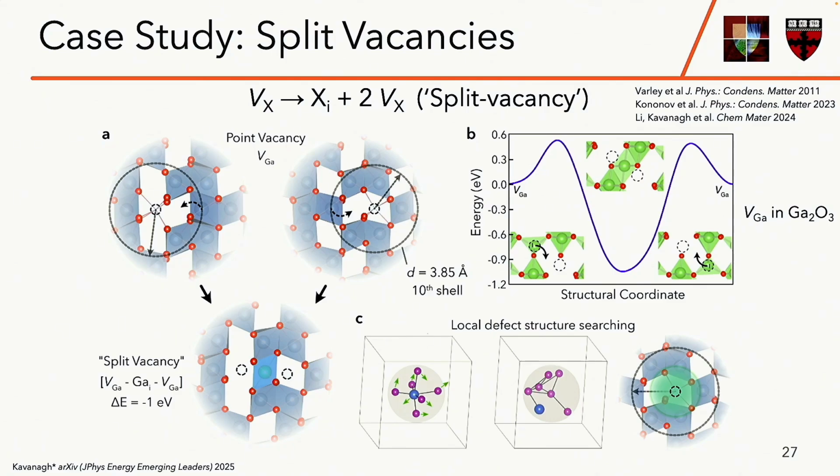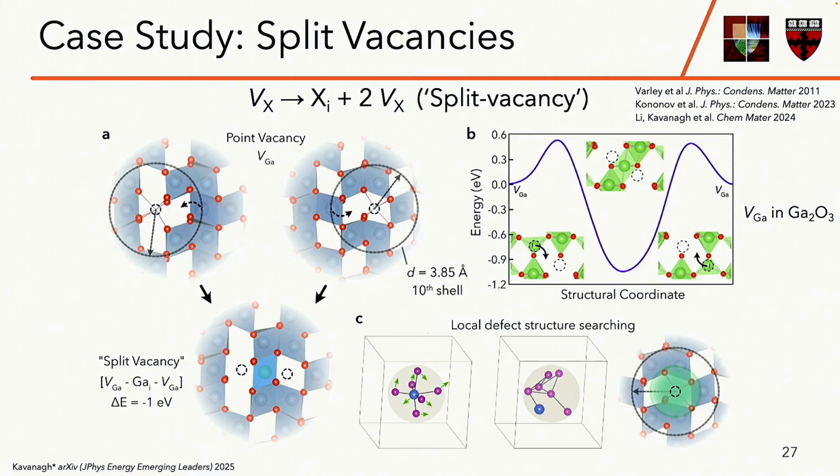These defects have been shown to be important in a handful of cases, most notably in gallium oxide, which is used in power electronics, where you get a drastic energy lowering when you find the split vacancy, as well as in some works on candidate transparent conducting oxides that I've been involved in, where they limit hole dopability.